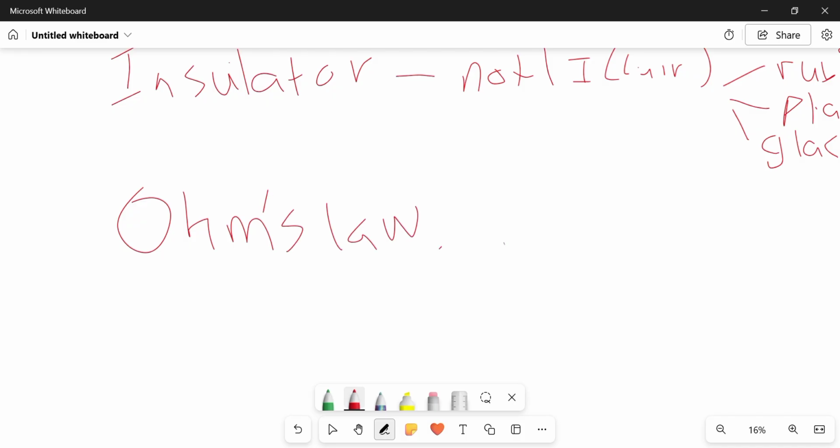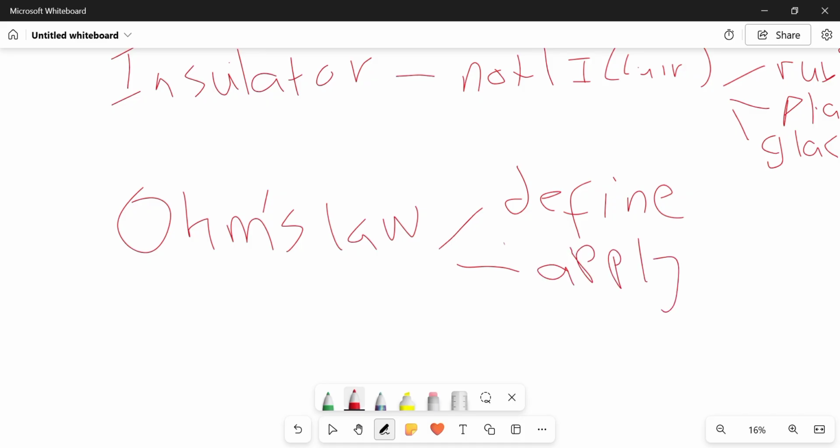In Ohm's law, you have to learn how to define it, you have to know how to apply the laws, and you have to know how the laws work. So you can take note of this.